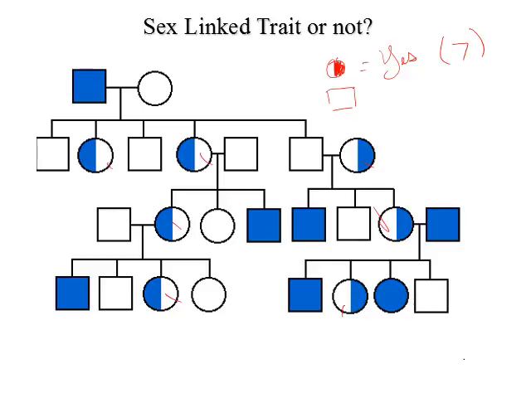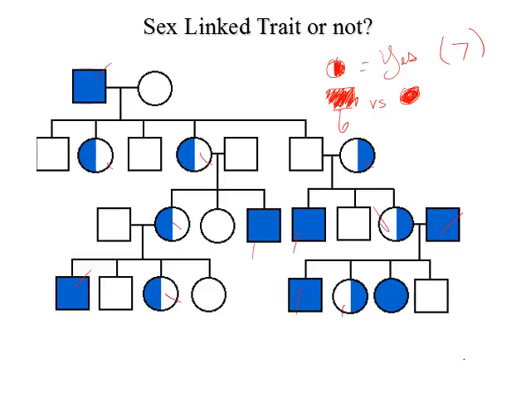They are XY. And let's look at the ratio of boys affected versus girls affected. Again, fully affected, not the carriers. The carriers don't count. They're not fully affected. How many boys are fully affected? 1, 2, 3, 4, 5, 6. You have 6.